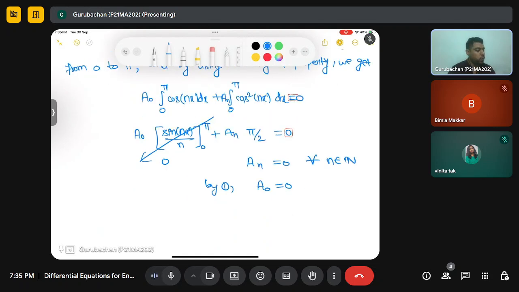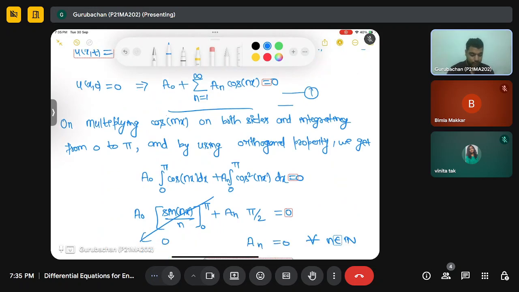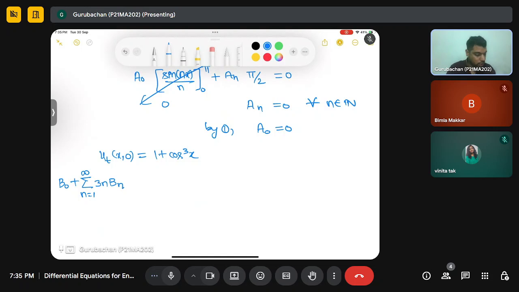Now what will be the contribution left? Contribution left of b n only. So for that we have to use u t of x, 0. It has been given as 1 plus cos 3x. So when you put u t of x, 0, you have to differentiate it first, that is b naught plus the summation from n equal to 1 to infinity of 3n times b n cos nx is equal to 1 plus cos 3x.